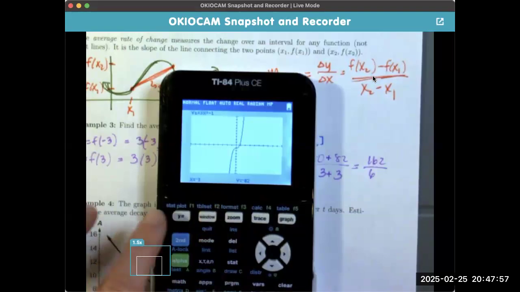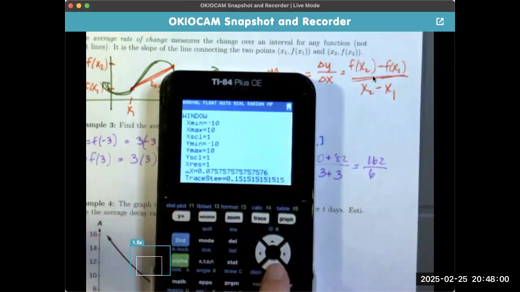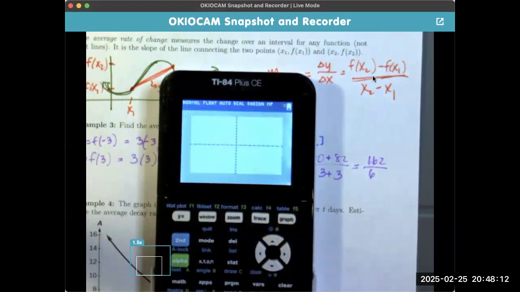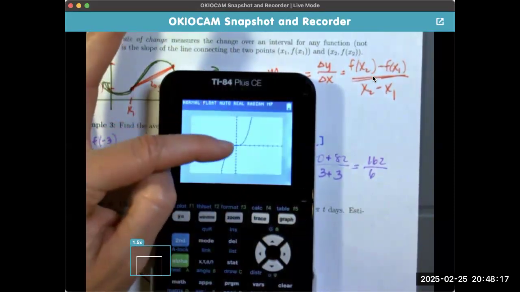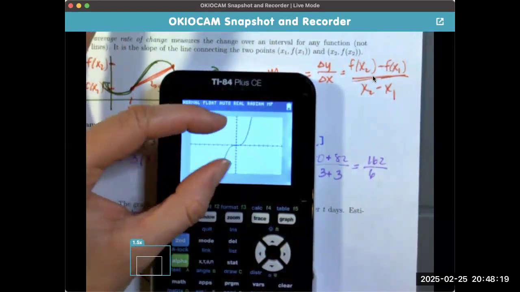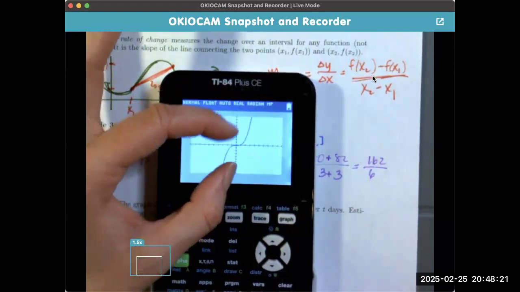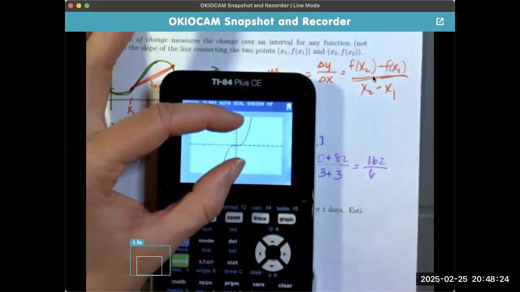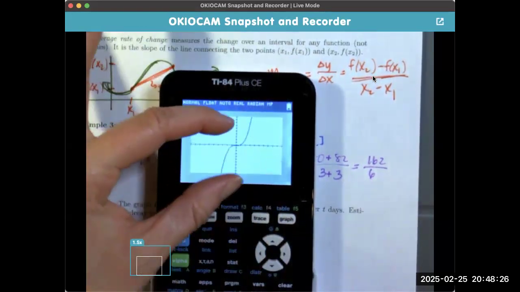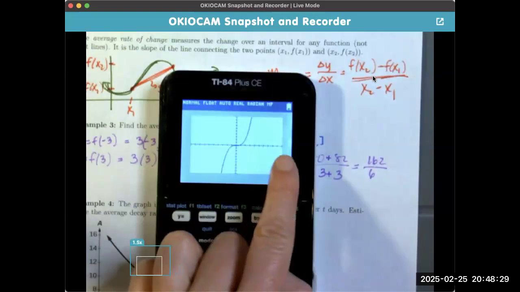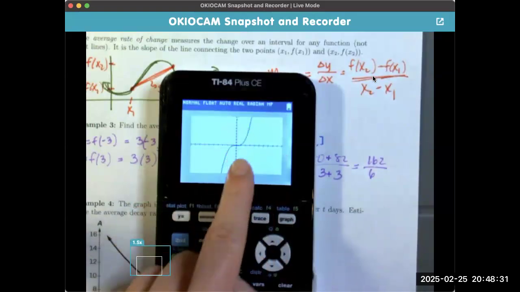Let me change my window: let's go -100 to 100, and we'll go tick marks of 10. Okay, so remember, these tick marks are tick marks of 10, which is why it looked like it got fatter. It was really skinny, but now it looks wider, just because I changed the window. These are tick marks of 1, these are tick marks of 10. Just keep that in mind.